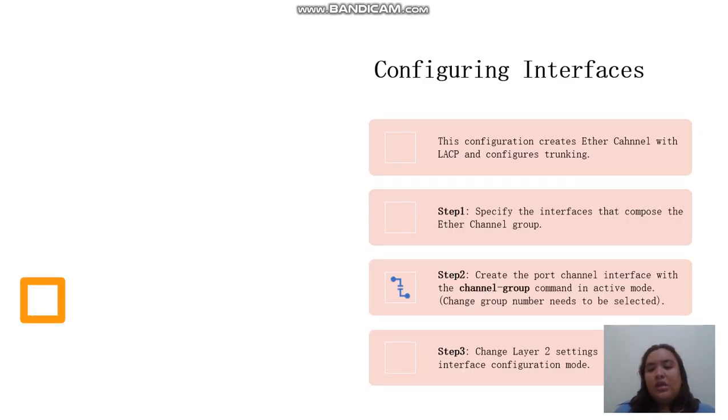Configuration: this configuration creates an EtherChannel with LACP and configures trunking. First, specify the interfaces that compose the EtherChannel group. Then create the port-channel interface with the channel-group command in active mode, and change layer 2 settings in interface configuration mode.